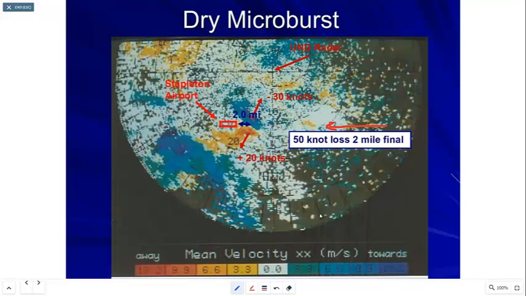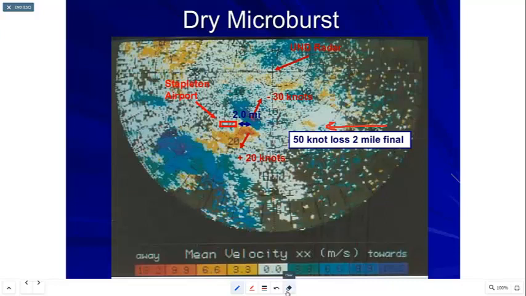So Mark was making the calls to the tower to put out the warnings to the pilots on final approach. And on this particular microburst, Mark Eisminger relayed to air traffic control that the pilots would encounter 30 knot loss on 2 mile final.